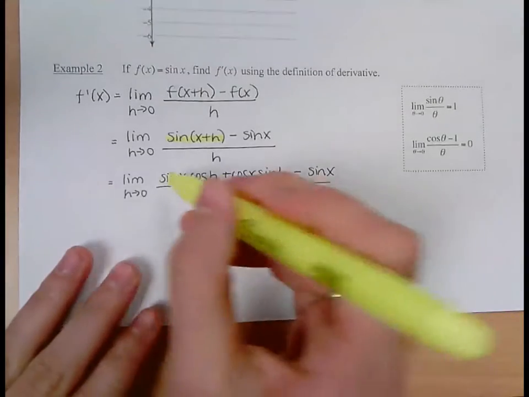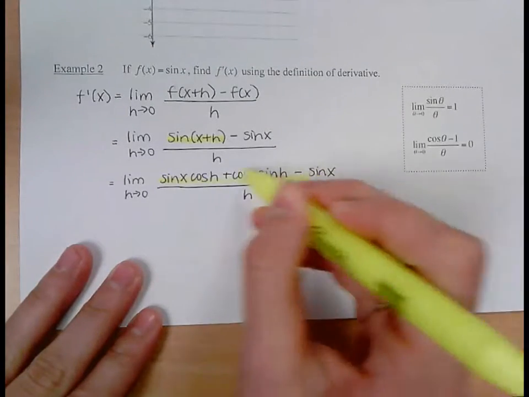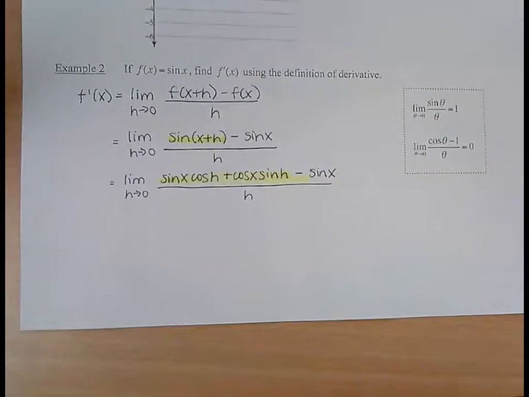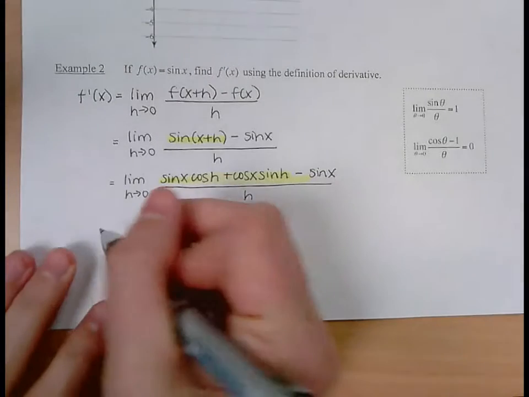So I'm going to highlight what I had used as the trig identity. So sine of x plus h was equal to that using that addition formula. And then from here, I'm going to rearrange this a little bit.